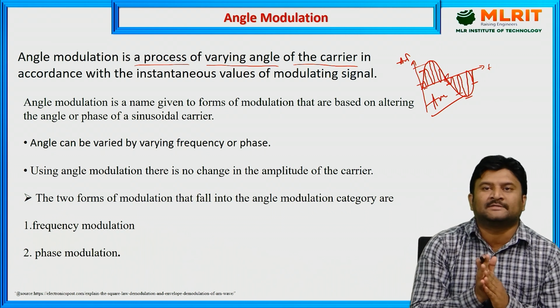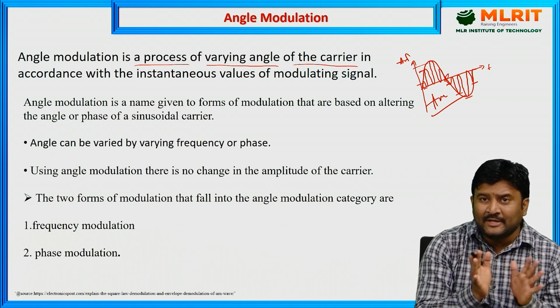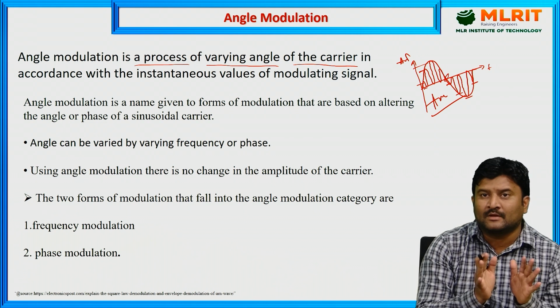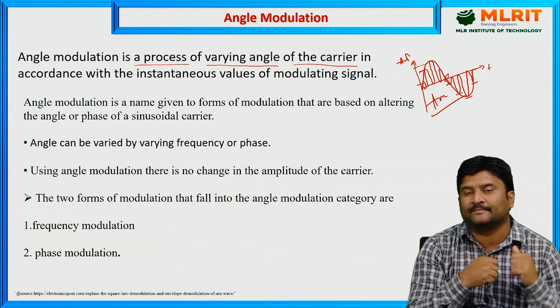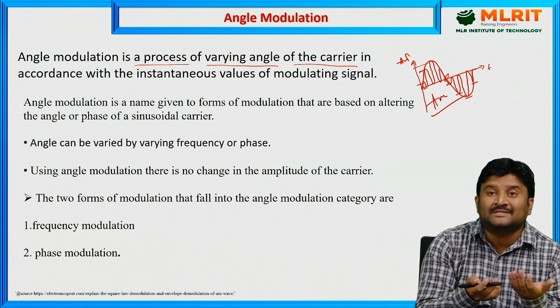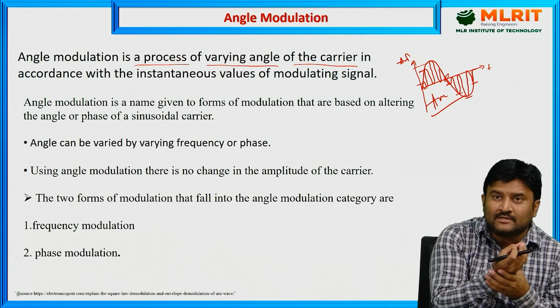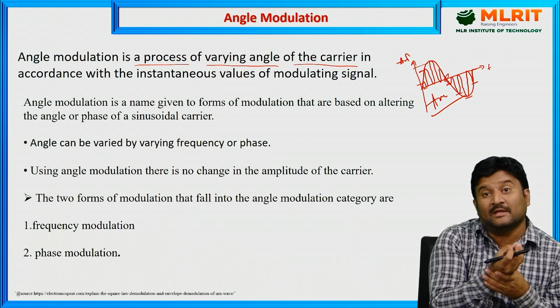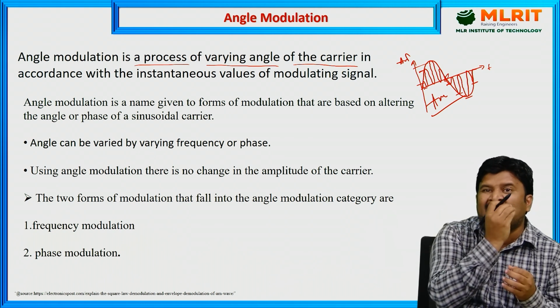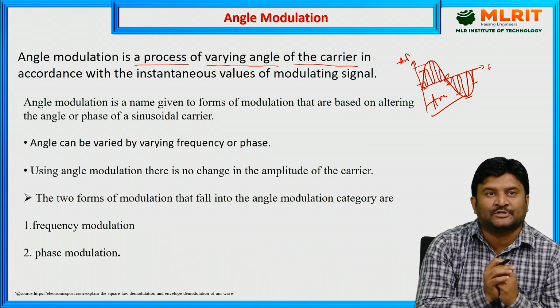That is what angle changing means. Here, the amplitude is not changing. The amplitude is constant. But what is changing is the angle. The angle means the frequency is changing, automatically the angle changes. The phase is changing, automatically the angle changes. That's why it is called angle modulation.